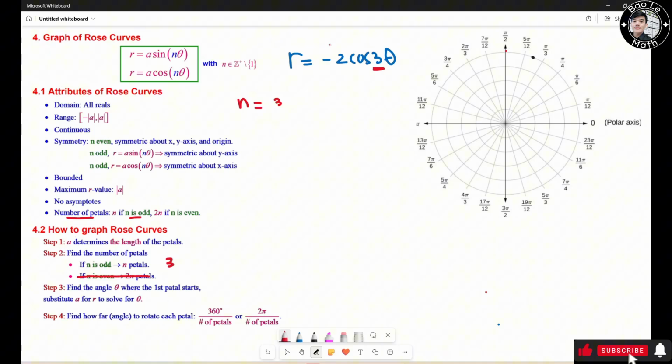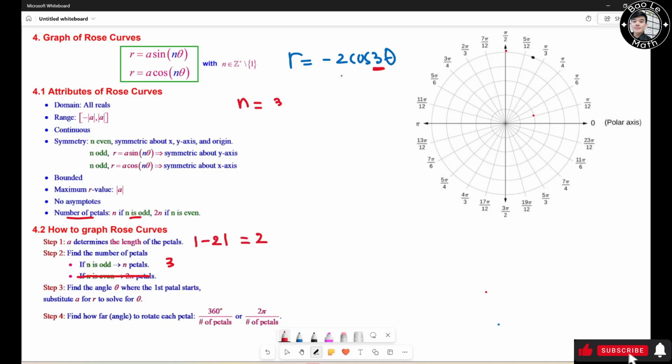Now the value of a right here determines the length of the petals. So the length of the petal is the absolute value of -2, which is 2. So you only take 2 circles, maximum 2 circles.